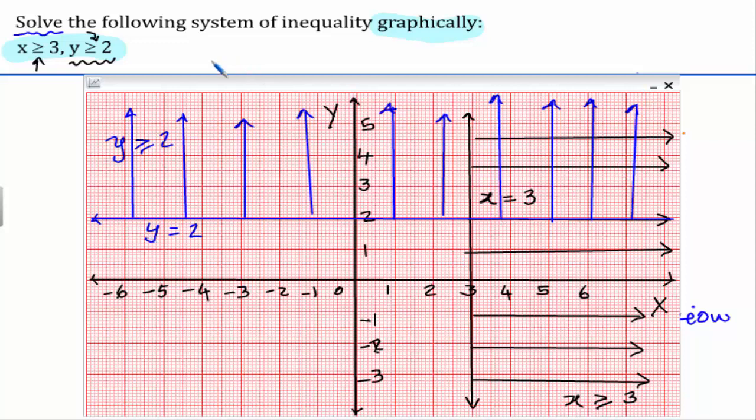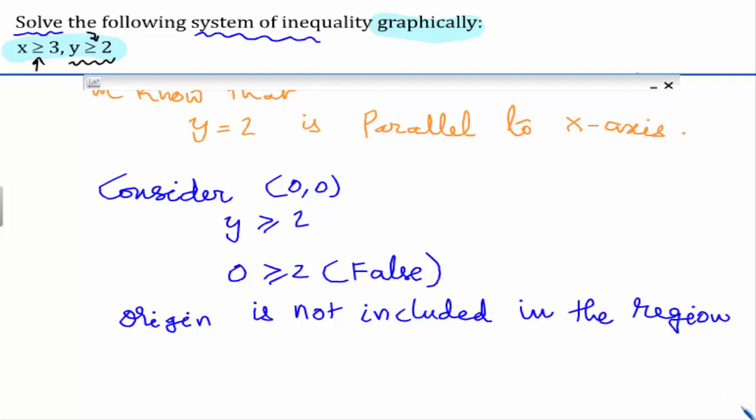Now the question is asked to find out the solution of the system of inequality. So wherever the two regions overlap here, that is a solution for us.